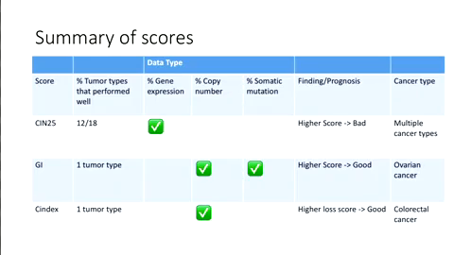And a higher score was associated with better prognosis in the ovarian cancer data set. And then the C-index score also performed well in one tumor type, and they used only copy number and a higher loss score, meaning that a higher deletion score of the chromosome was associated with a better prognosis for colorectal cancer.